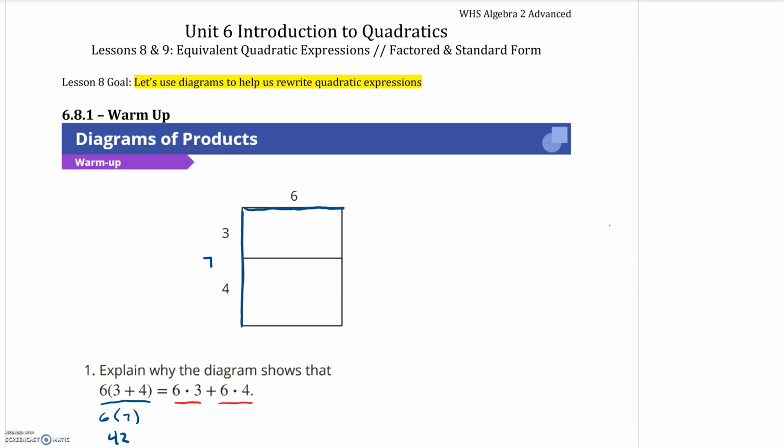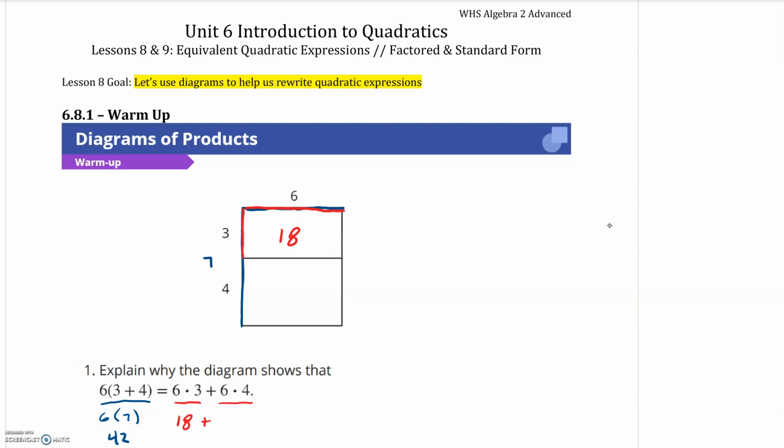Now, let's look at it as two separate rectangles as opposed to one large rectangle. This first rectangle has a side length of 6 and a side length of 3. That area would be 18 square units.